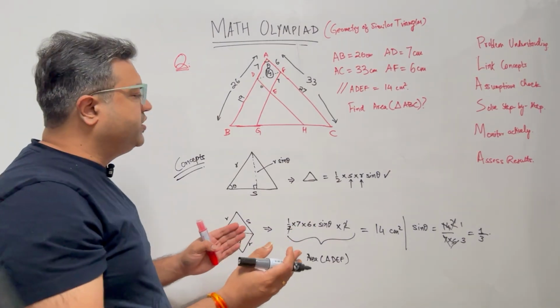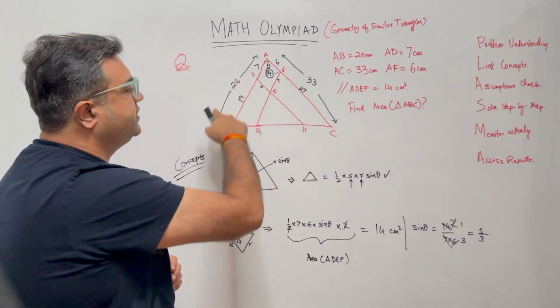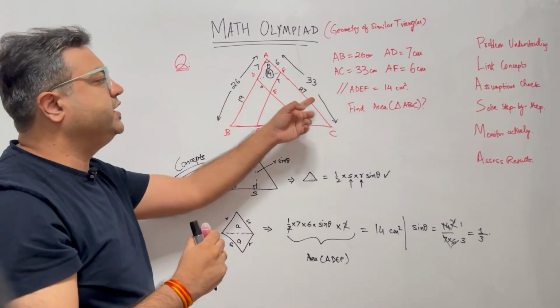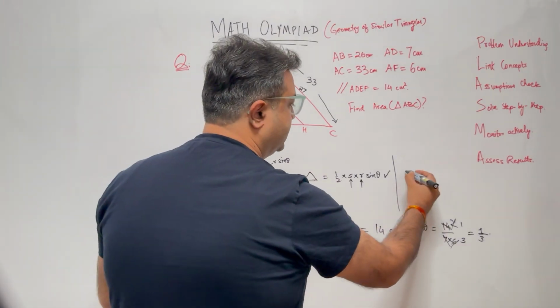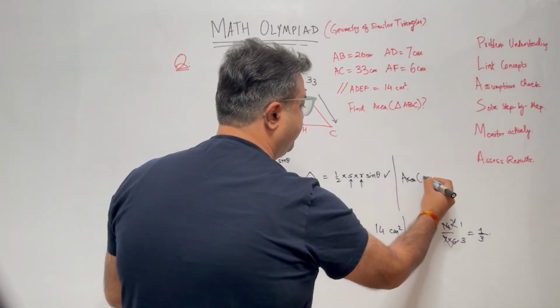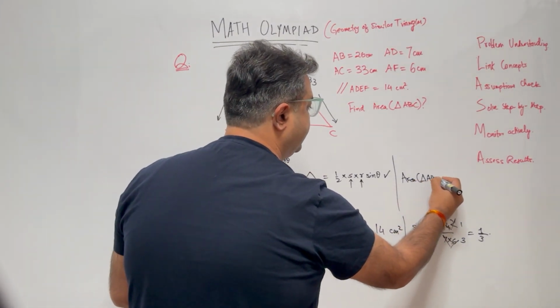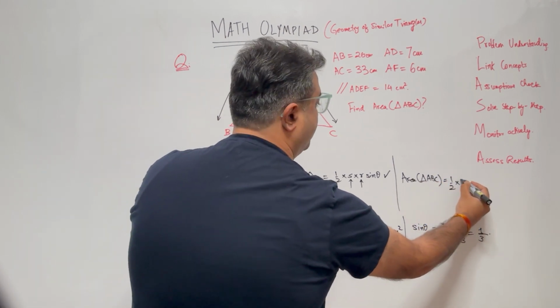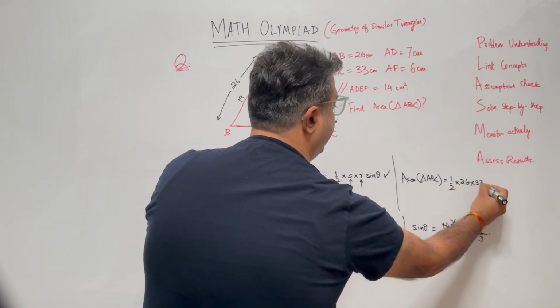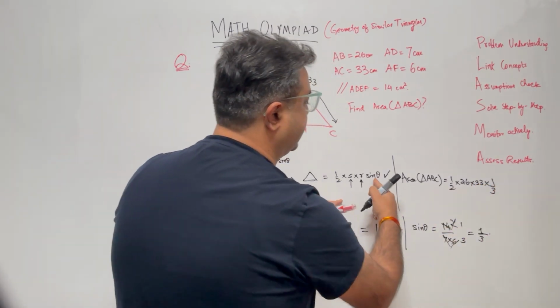This is the most important thing we needed for calculating the area of the bigger triangle, because we already know the side lengths 26 and 33. So the area of triangle ABC will become half times 26 times 33 times 1 over 3, which is the sine theta.